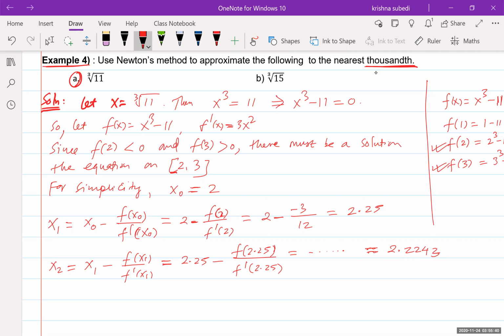I suggest at least four digits after the decimal. I'm doing 5 to be a little bit more precise, but at least 4 digits after the decimal.